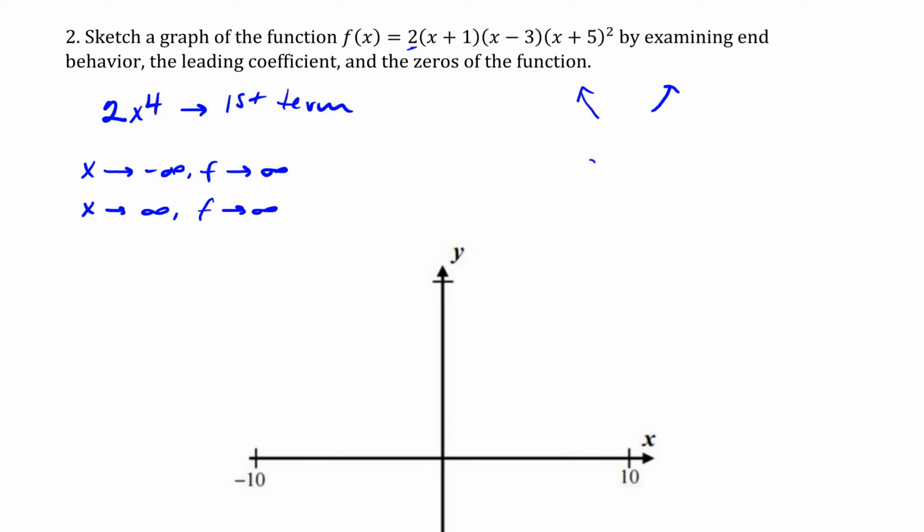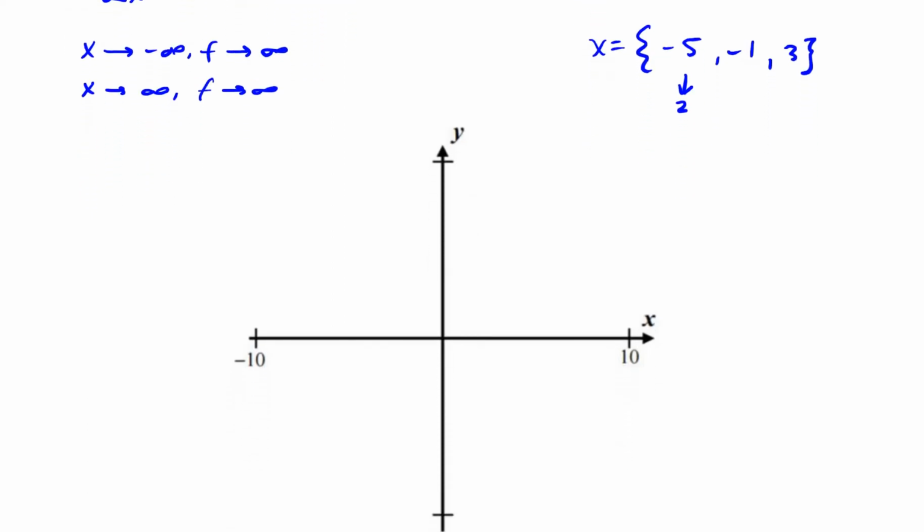Then we can find the zeros. I know the x values are going to be negative 5 with a multiplicity of 2, and negative 1 and 3, each with a multiplicity of 1. So let's graph some stuff here. I know that negative 5 is a zero, negative 1 is a zero, and 3 is a zero. I know my graph is going to end by going up and start by going up.